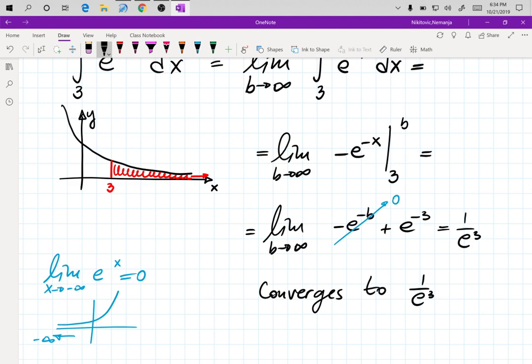Would you agree? That looks pretty much the same as the previous one. You know the steps already. Replace that infinity with the limit of b goes to infinity, replace infinity with the b, and do the calculation.